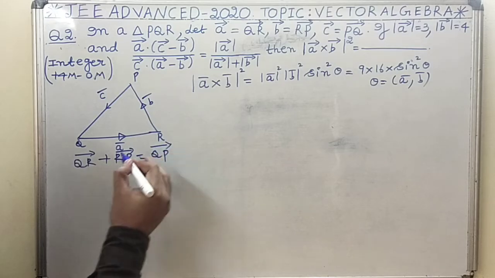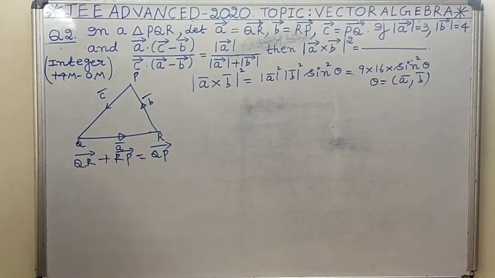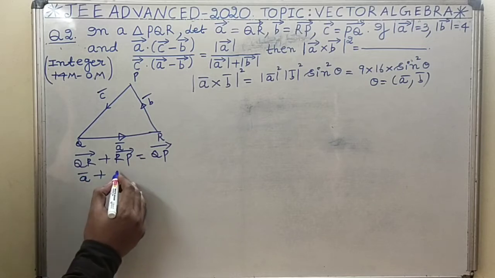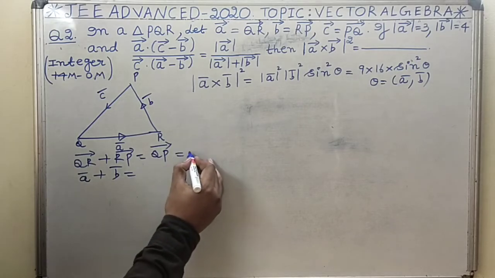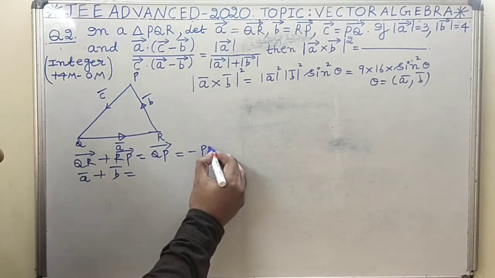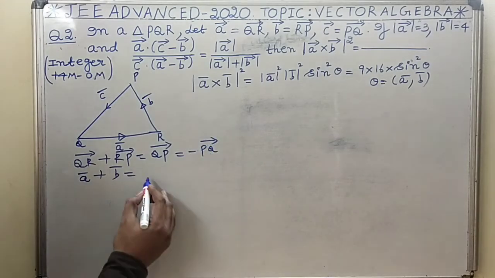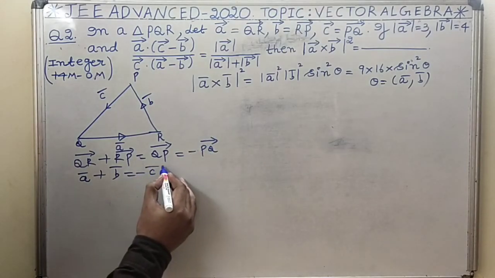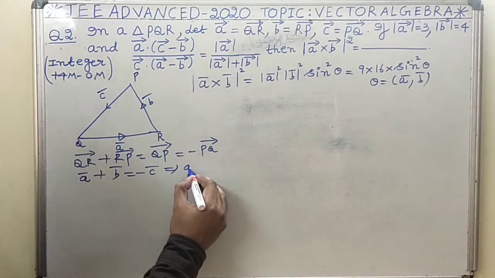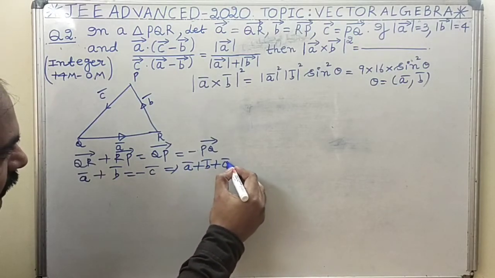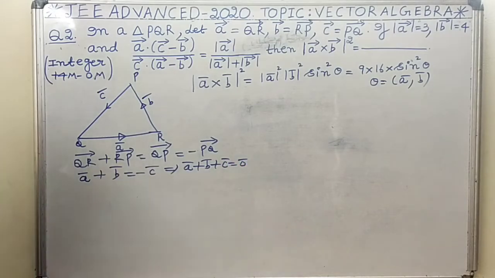You have to find the relation among A bar, B bar, C bar. What is QR bar given? A bar. Plus what is RP bar given? B bar. This is nothing but minus PQ bar, that means minus C bar. So this is the relation: A bar plus B bar plus C bar equals 0 bar.